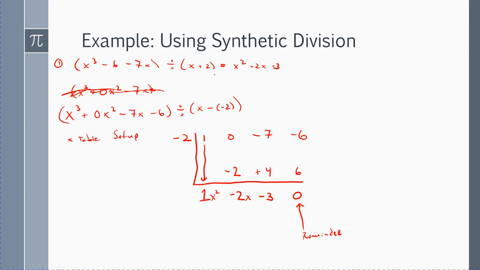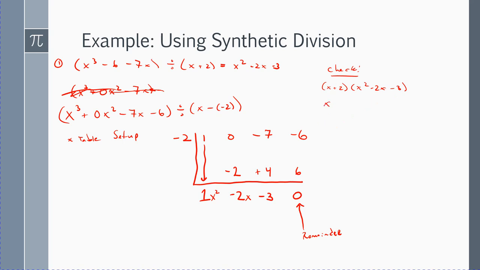So it's like, oh, did that really just work? So let's check. If I take this x plus 2 and multiply it by x squared minus 2x minus 3, what happens? Okay, let's see.